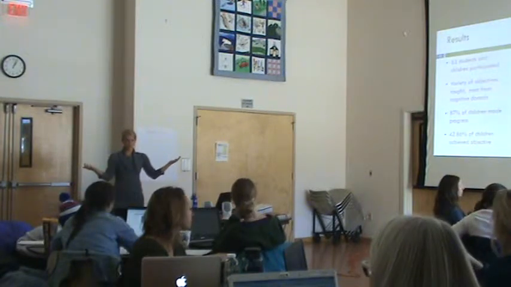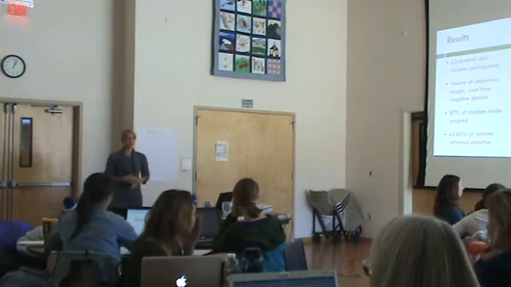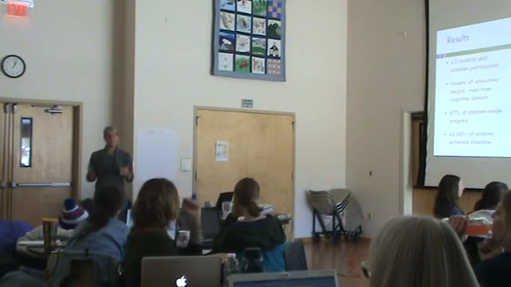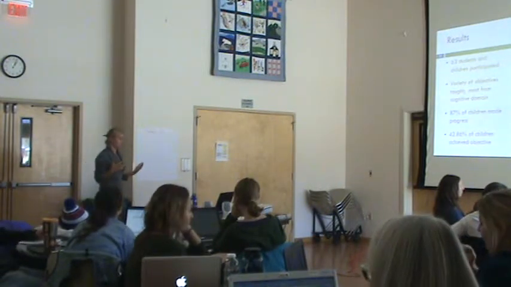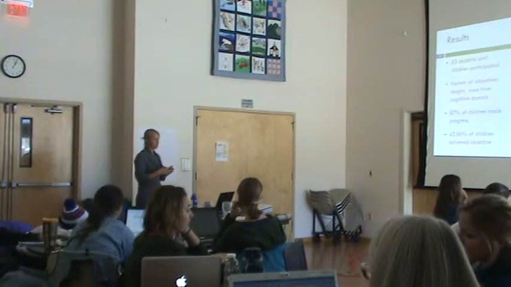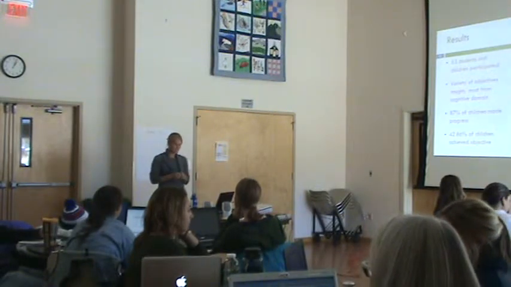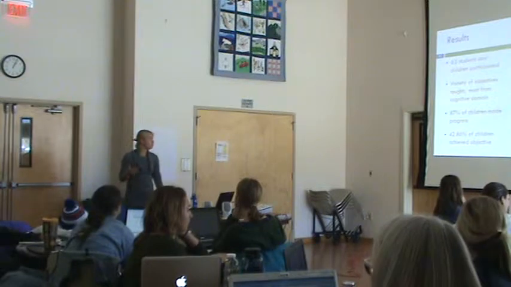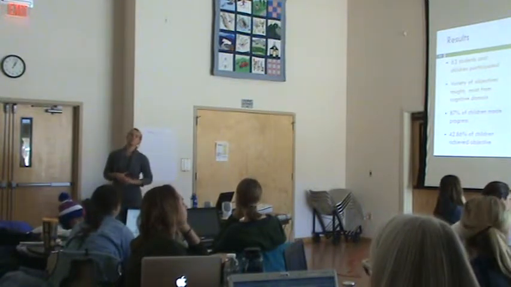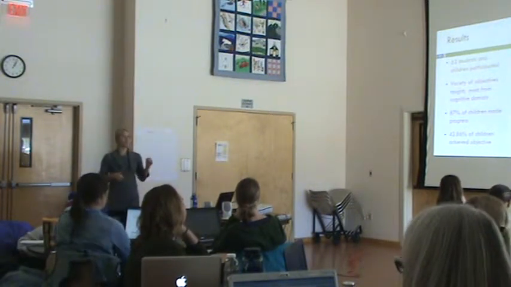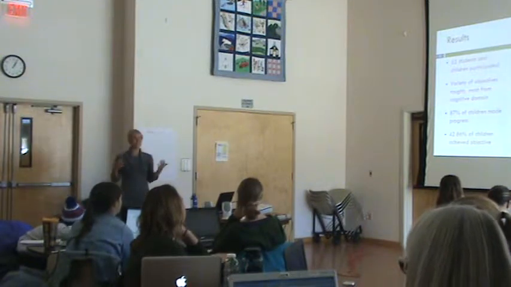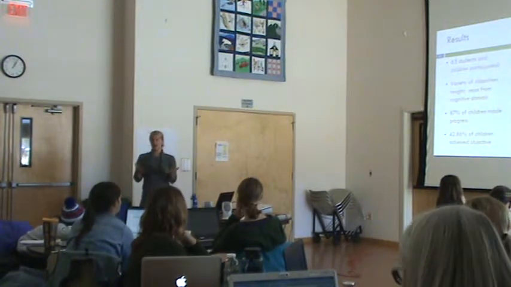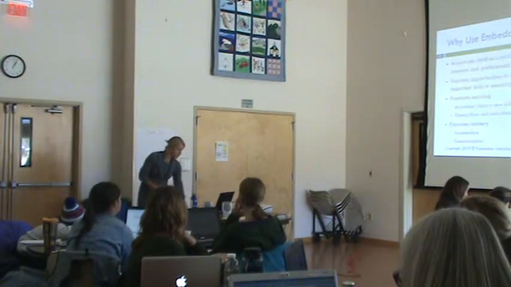That's a pretty big number, especially when it comes to children making progress. Children develop so differently. So for 87% of them to make progress, that's a really strong statistic for why we do this. And furthermore, a little less than 43% of those children reached their objective, reached their goal, which again is a huge number. That's close to half, which is really pretty awesome.